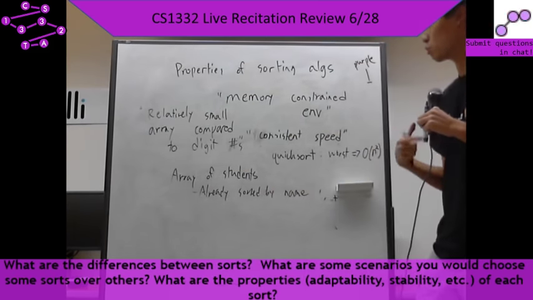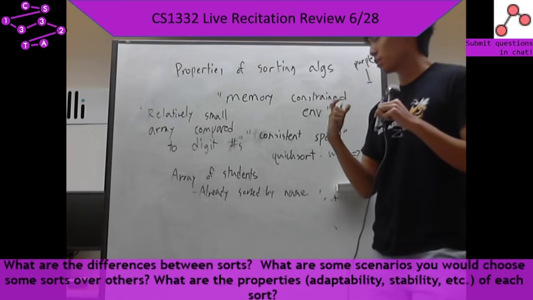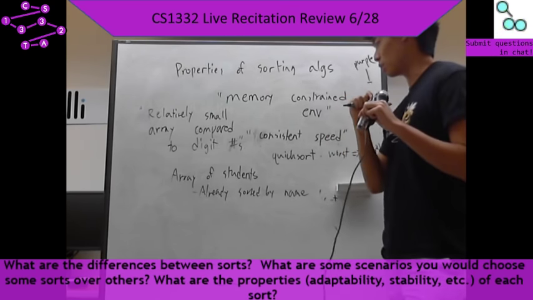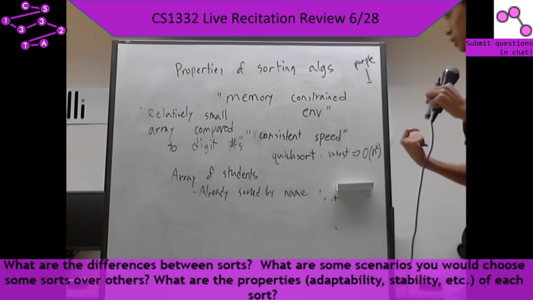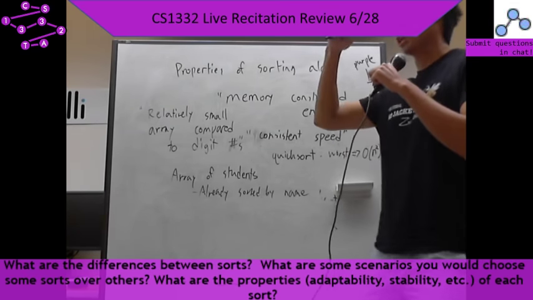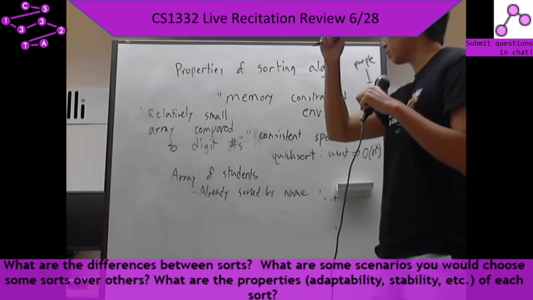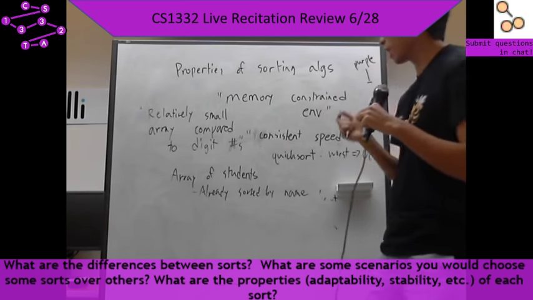But let's say the school wants to sort this array again by exam scores, some exam score, and within the same exam score, they want the names to be sorted.